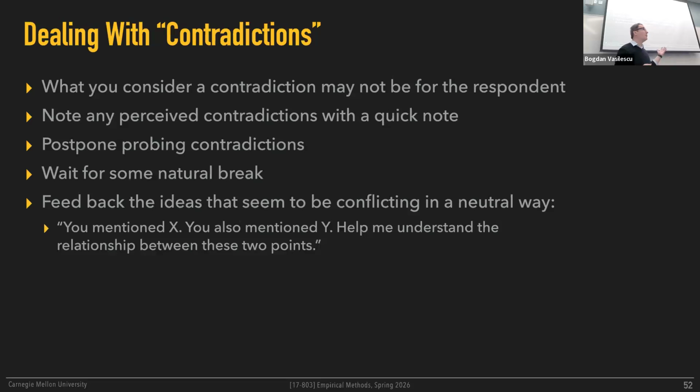And when there's a natural break later, you can follow up with something like, a while ago you mentioned X, the thing you wrote a note about, but you also mentioned Y, could you help me understand the relationship between these two things? And you're not saying that they're conflicting here. This is your interpretation. You're just asking for clarification on the relationship between these two things that you sort of perceive as conflicting. They may not be for your participants. This is a way to shed more light on that.